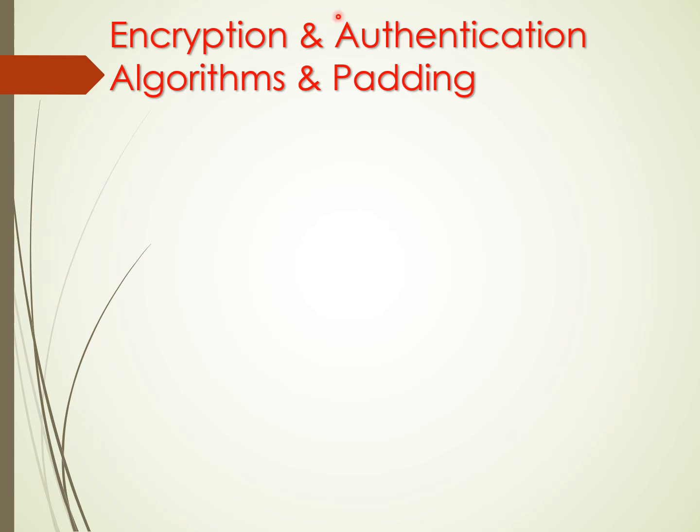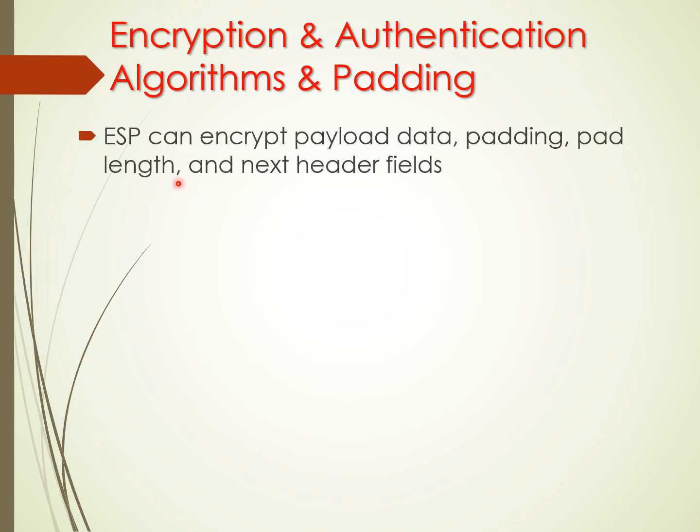Here we discuss the encryption and authentication algorithms, and the padding. In earlier slides I told you that padding would be discussed later, and now it's time to discuss it. ESP can encrypt the payload data, padding, pad length, and the next header fields.